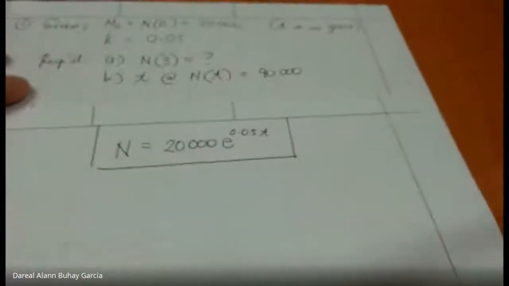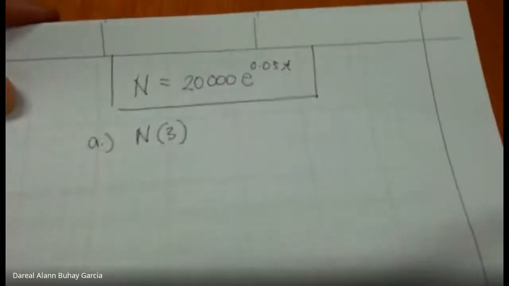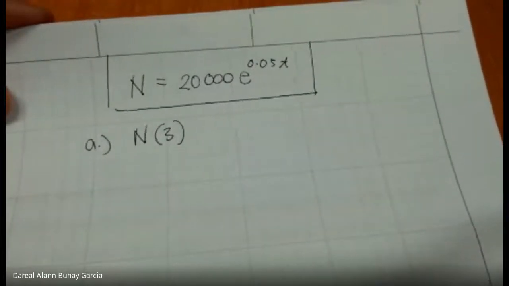Okay? What is n when t is 3? Or in other words, what is the amount 3 years after? Substitute lang ni, kay if kabantay mo sa atong solution, isa lang man ang unknown, or variable, t na lang.